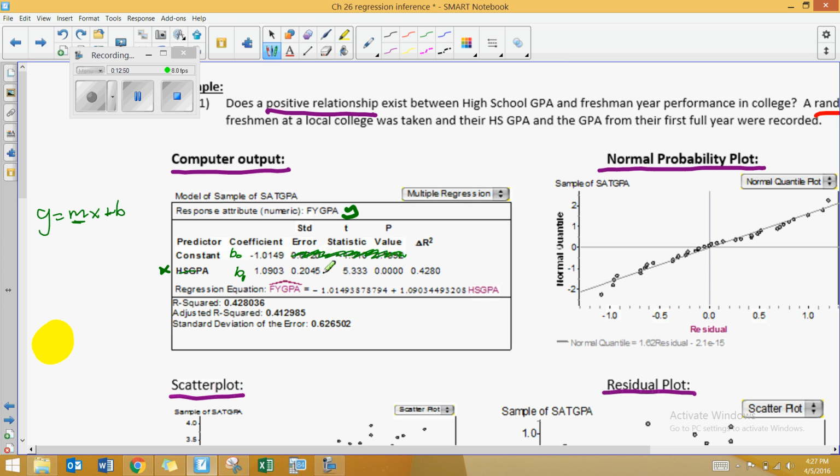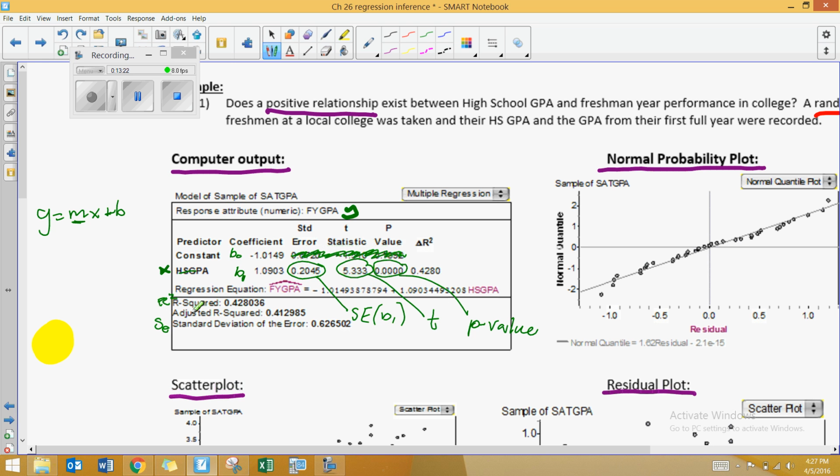So standard error, this is going to be SE of your slope. This t-statistic, that's our t. Our p-value, and then finally it's nice to record r squared and s sub e.